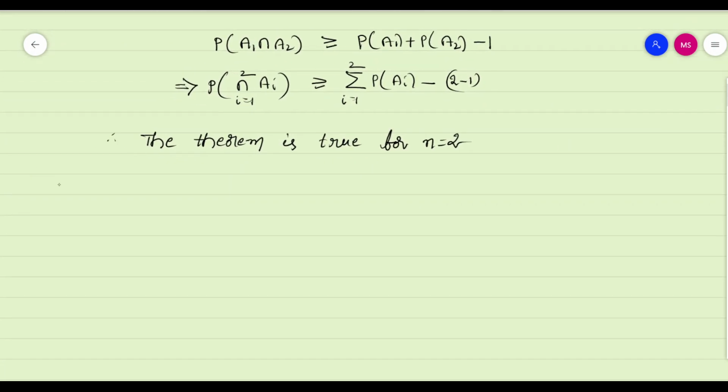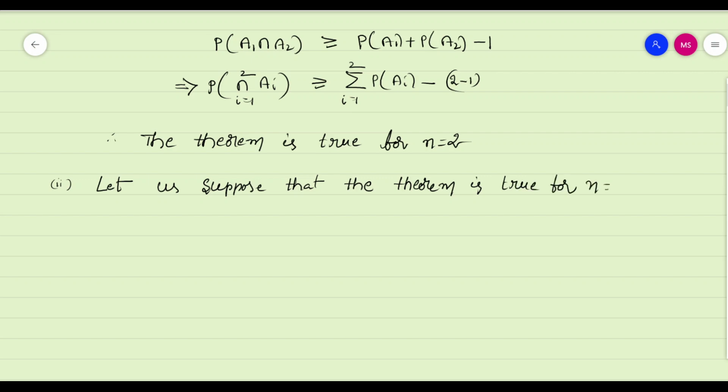Now the second step. Let us suppose that the theorem is true for n equal to r.